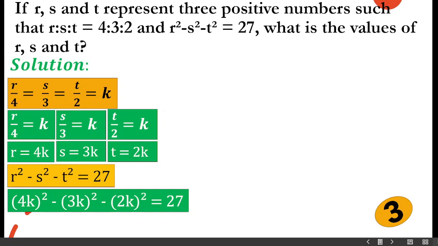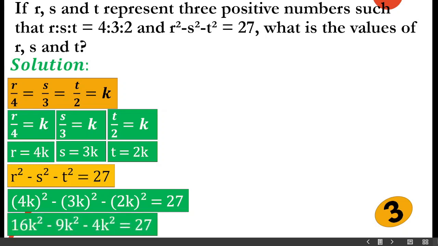It becomes 4k squared minus the quantity of 3k squared minus the quantity of 2k squared is equal to 27. Then, simplify. We have 16k squared minus 9k squared minus 4k squared is equal to 27.